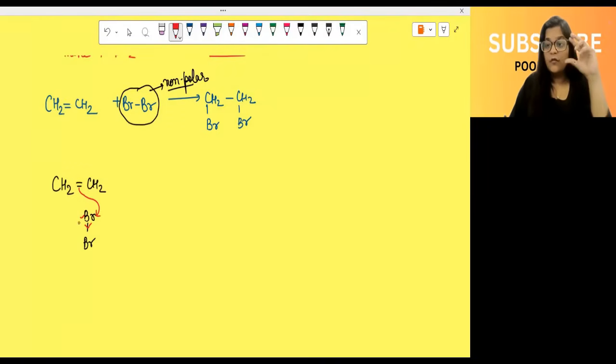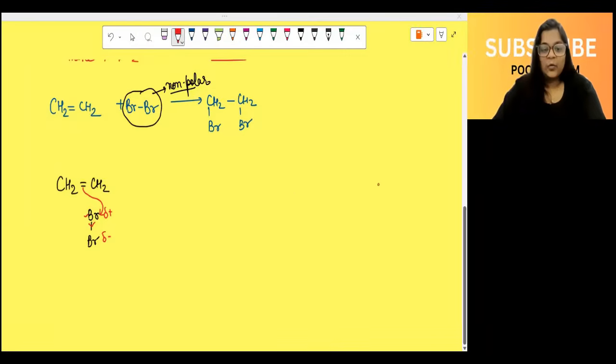As a result, the bromine nearby to this double bond will develop a partial positive charge, and the other will develop a partial negative charge. So the bromine, which was initially non-polar, has now become polar.